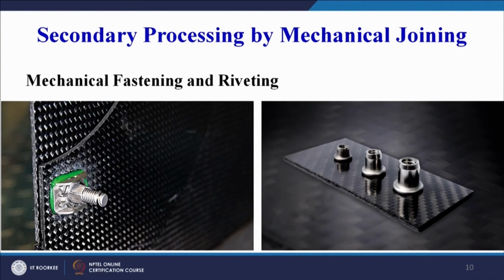Then we can do mechanical joining by mechanical fastening and riveting, sometimes rivets, but this joining will also require holes in the composite part. One thing that we have not covered till now, and that doubt may be coming to your minds also, is why not make a hole during the molding stage only?